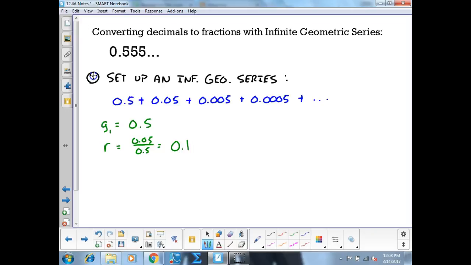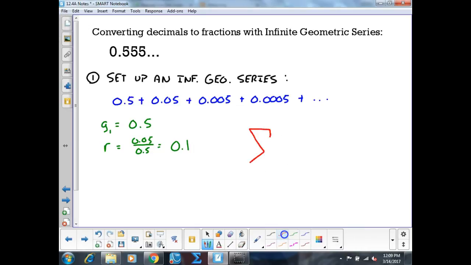Sigma notation, because that brings in the series. Matt, you gave me just the rule. I need to have a sum, sigma notation.